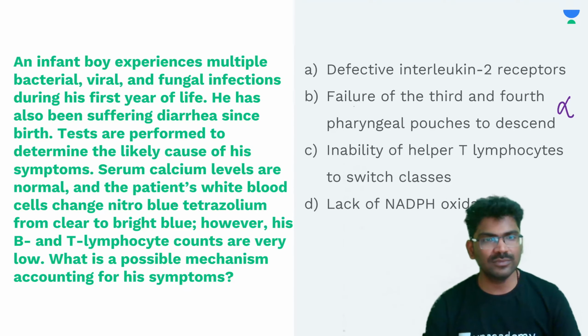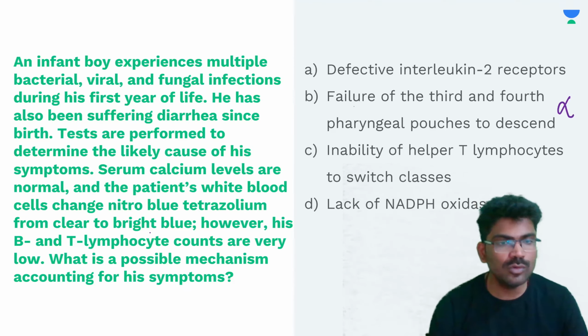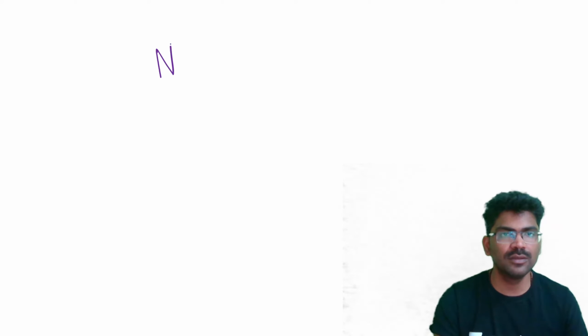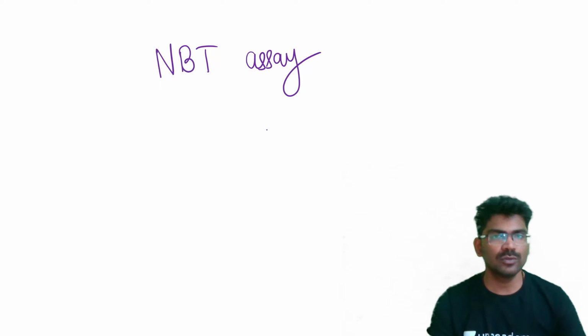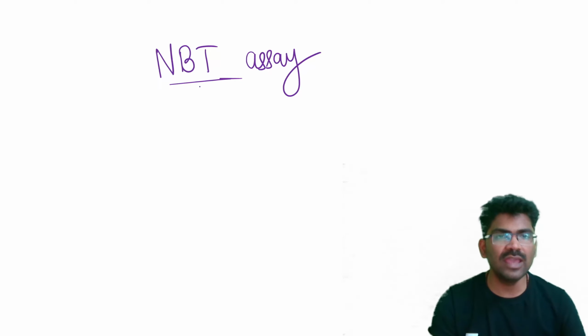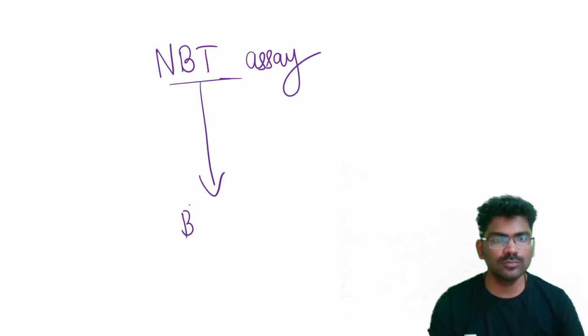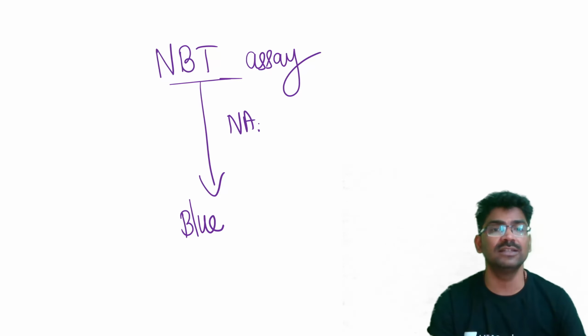Look at the other things. Serum calcium levels are normal and the patient's white blood cells change nitro blue tetrazolium from clear to bright blue. So there is something called the NBT assay. Nitro blue tetrazolium, right? So this dye is converted into blue. That means your NADPH oxidase is present.